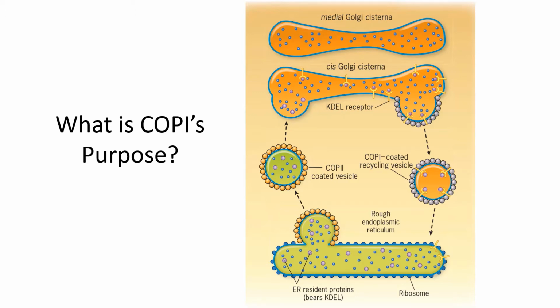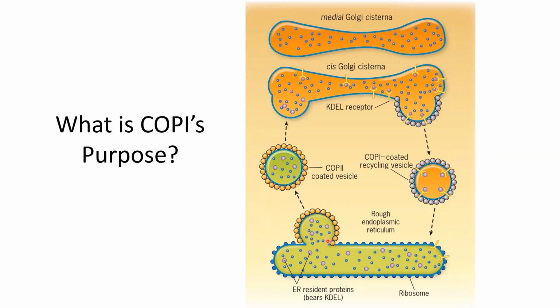So what is the COP1's purpose? Before we go to that, notice that as materials from the ER are carried in vesicles coated with COP2 into the cis-Golgi network, some of the resident proteins which bear a signal called KDEL are also carried in the vesicle.